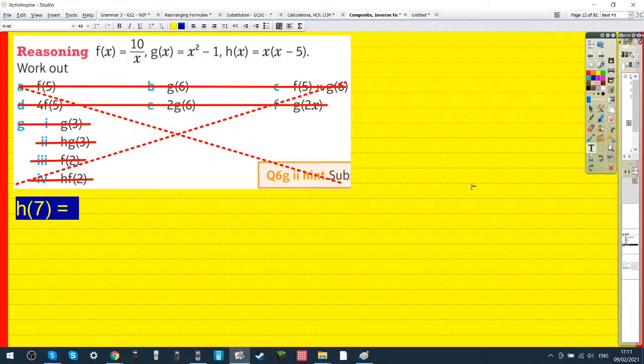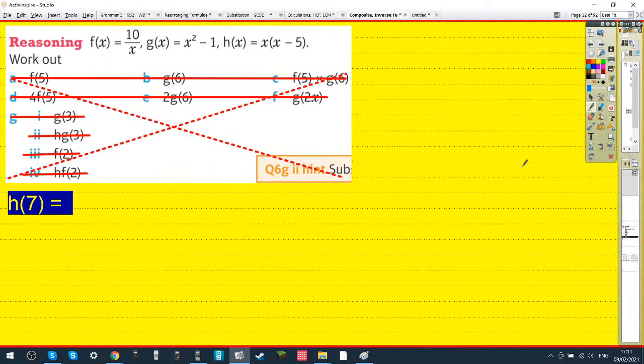Okay, let's see. These ones. What is the h of 7? Root of 7.